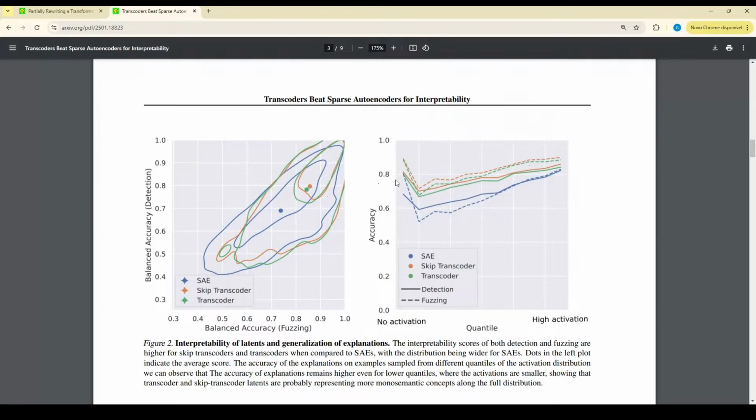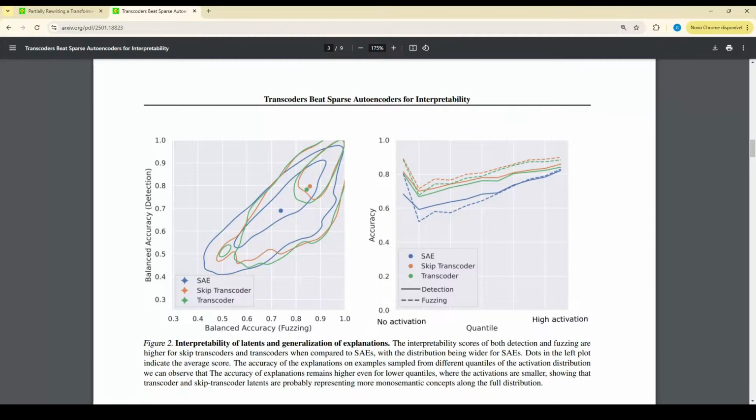But you see that as you go to the lower activation quantiles, your explanations start becoming worse, which just means, or our interpretation of this result is, that those lower activation quantiles are less, let's say, monosemantic, or show a bit more diversity than the higher activations.